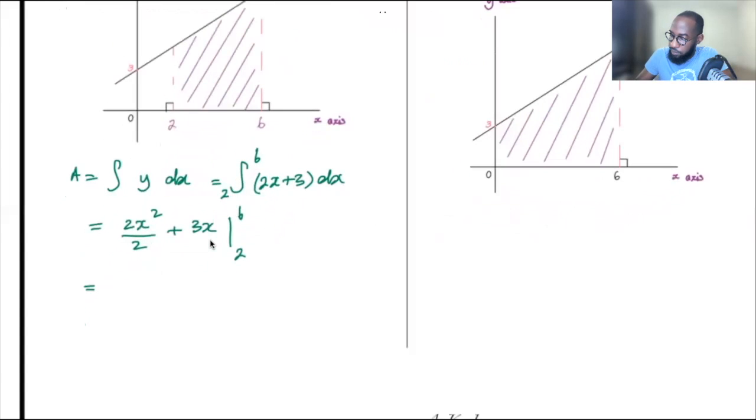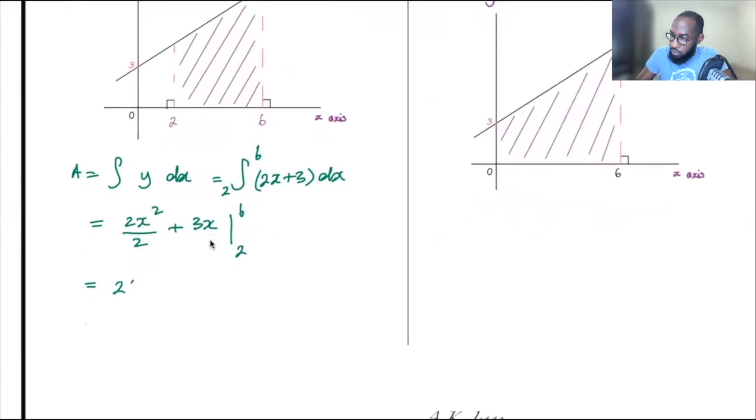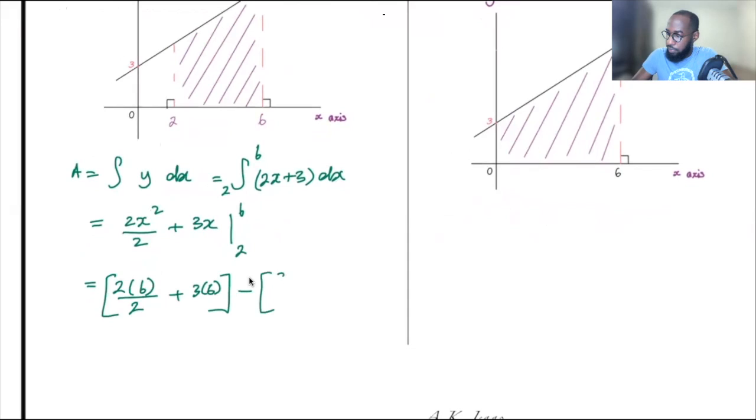Continuing, so 2 by 6 squared over 2 plus 3 by 6. Make that substitution, always your minus, always. We have 2 by 2 squared divided by 2. I forgot the square right here. That is what I was looking for.